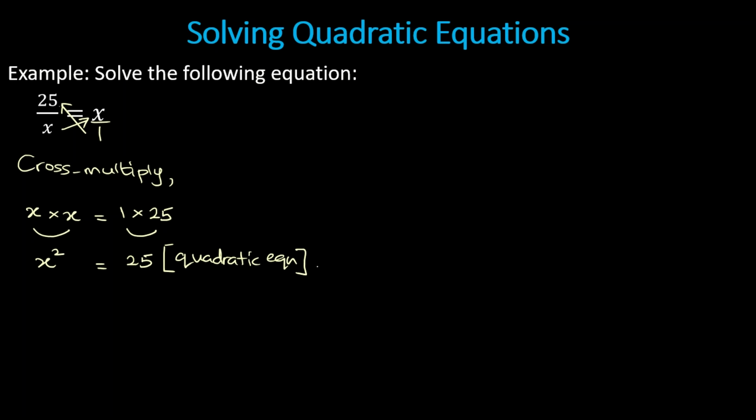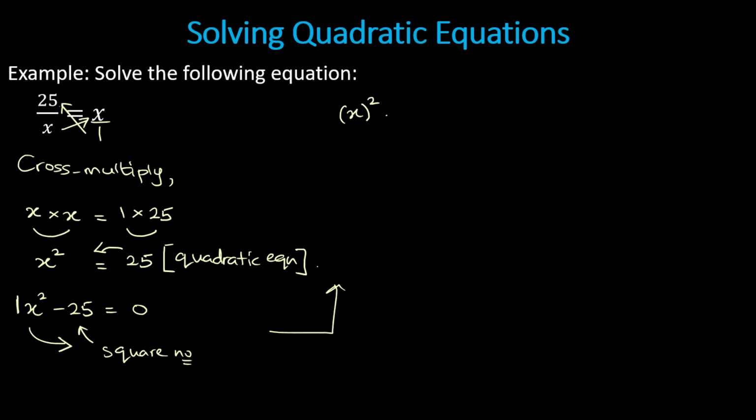I will do both methods. The first method is I will use factorization. I send the 25 on the left, so it becomes x squared minus 25 equal to 0, and we note that 25 is a square number, and in front of the x squared we have 1, which is also a square number, so we can write it as x power 2 minus, and the 25 is simply 5 power 2 equals 0.